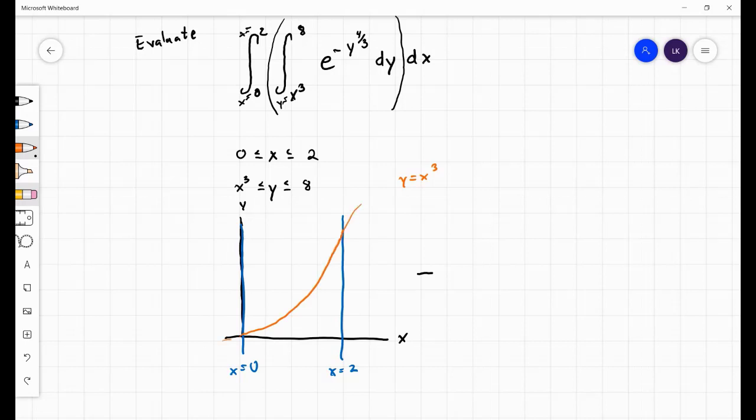The cubic keeps going. At the upper bound, y equals 8, which we know is a horizontal line.